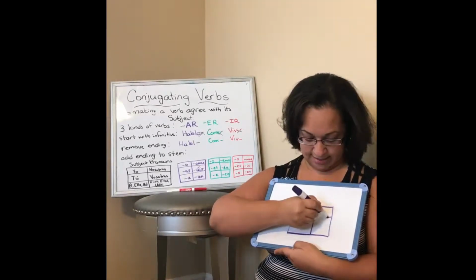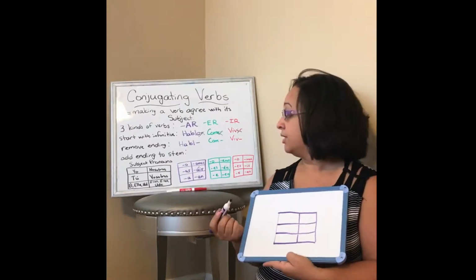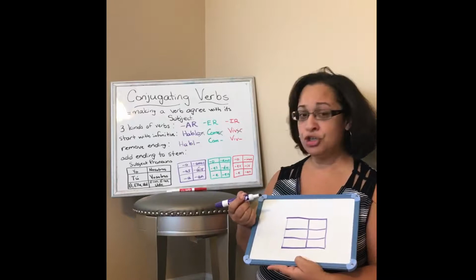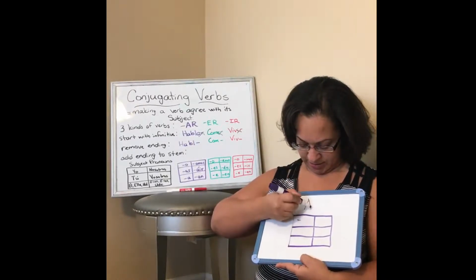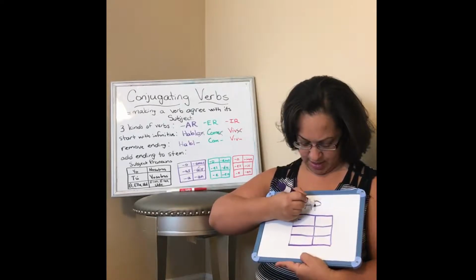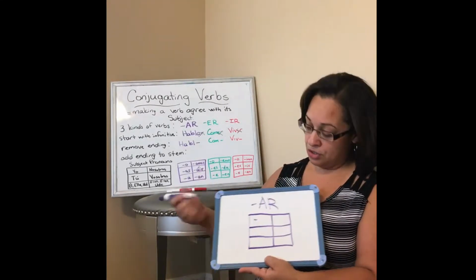Because again, these have to agree with the subject pronoun. So for yo, we're dealing with AR verb endings. For yo, we have o.